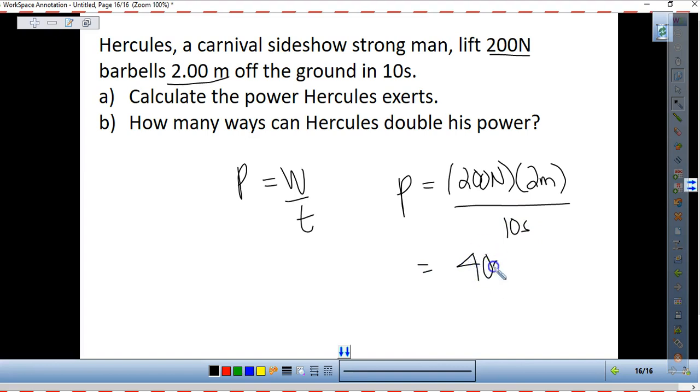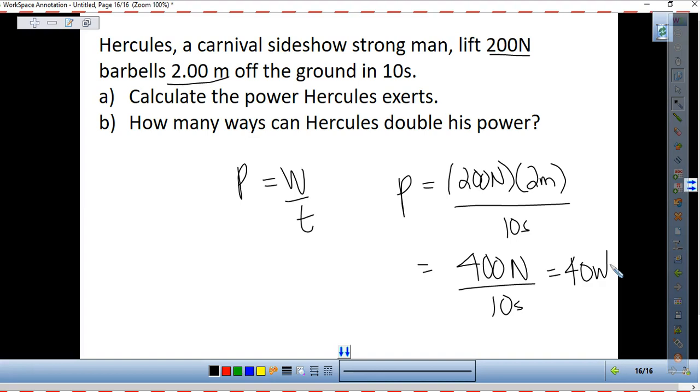So 400 over 10 gives you 40 watts. If you're not given work, you have to find work first and then do the calculation. I did that right? 200 times 2, 400, yeah. Just double checking. We are on video here.